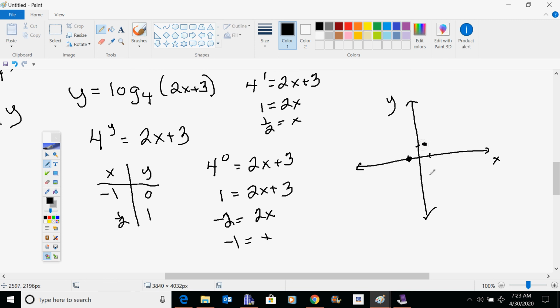If you're still not quite sure of the shape of this, you can always plug in another value and see what's happening afterwards. So we could plug in a 2 for y, not a 2 in the x.